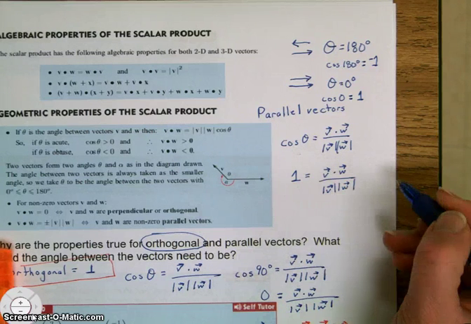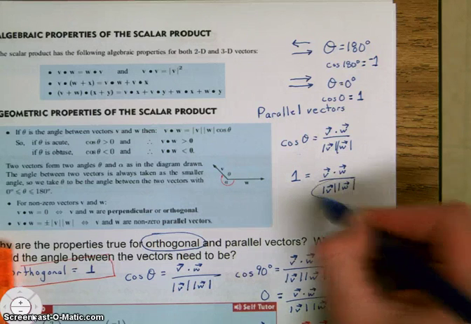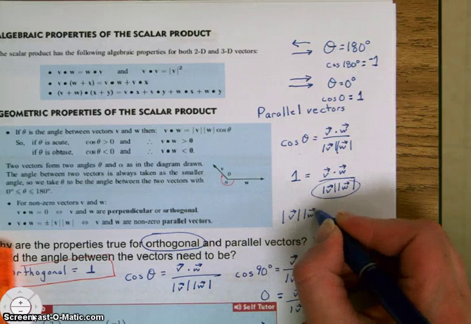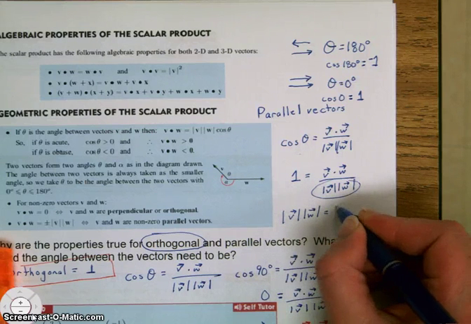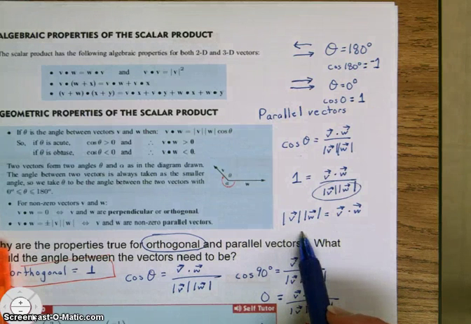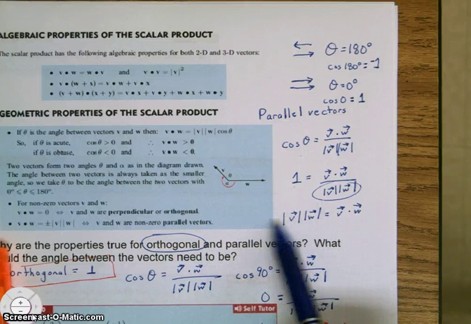Okay, and so we couldn't really conclude anything about the dot product, but if we multiply both sides by the denominator, okay, what we know is just that the dot product would have to be equal to the product of the magnitudes. Okay, and then it would be almost the same if you had negative 1 right here. You would just have a negative sign here.